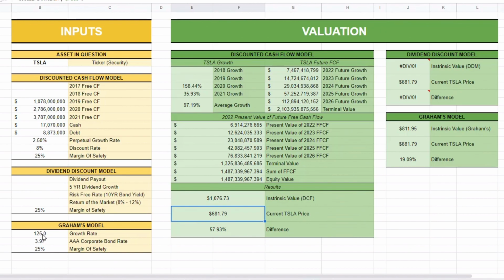And then if we were to use Graham's model, if we were to determine a growth rate for Tesla, if they had a growth rate of 97%, as they have had for at least 97% according to their free cash flow, if we were to put in 97%, Graham's model would give us a value of $639 for their intrinsic value, where the AAA corporate bond rate is 3.97 with a 25% margin of safety, which would say that Tesla's intrinsic value is very close to what their current price is.